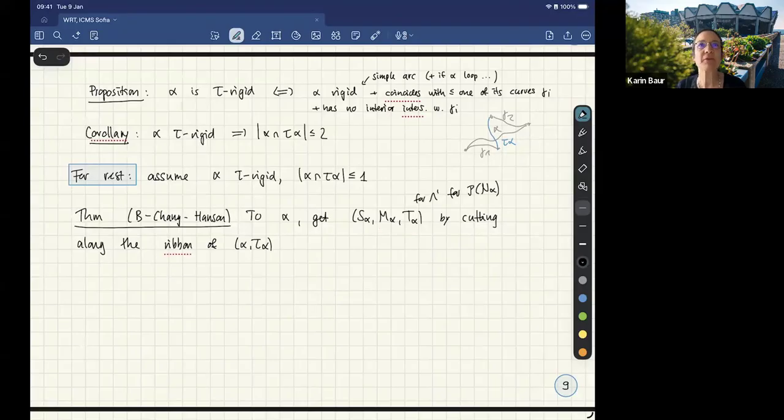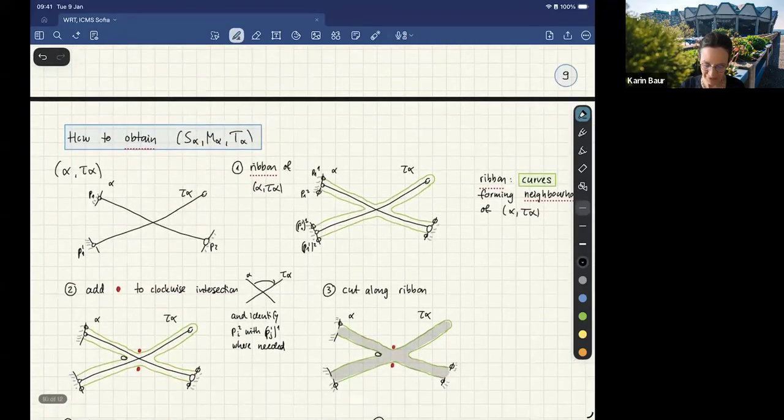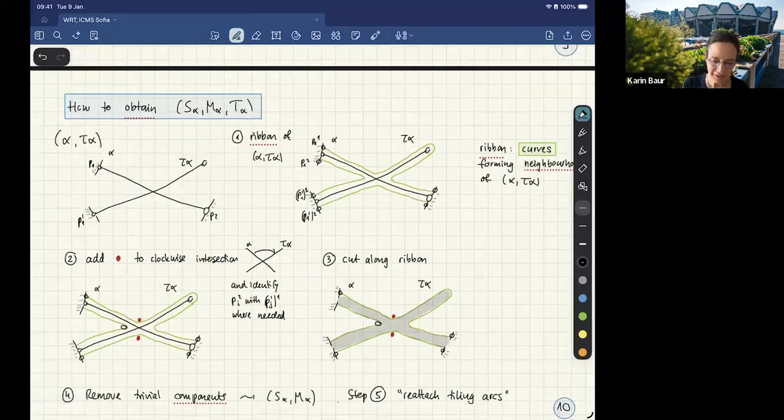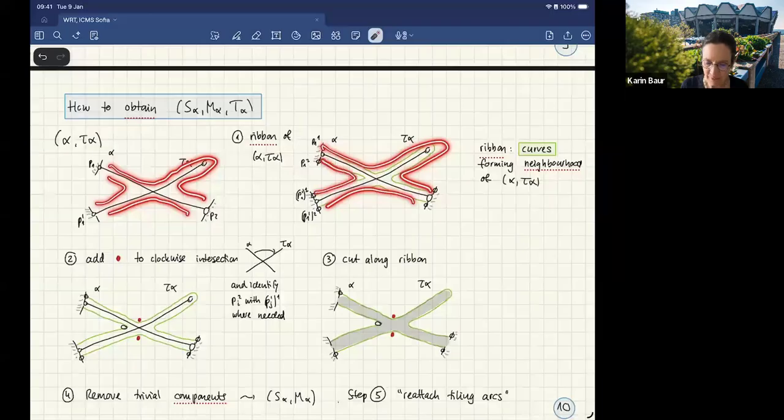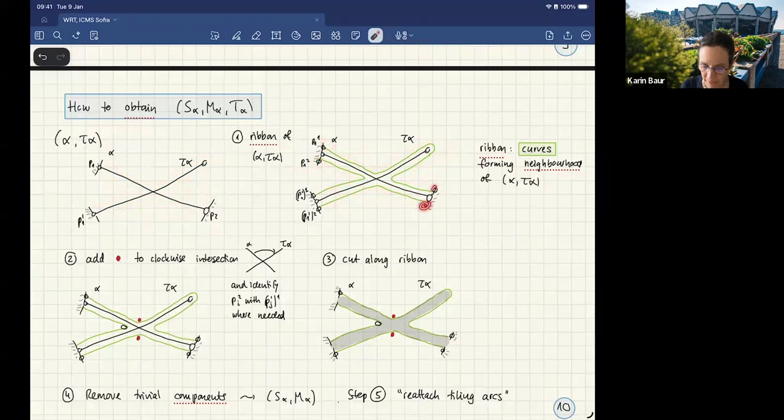Just going to illustrate that with an example or like with a picture. So locally you have alpha and tau alpha. What you do is you draw the ribbon, which is fattening everything up. Then you have to modify the endpoints because you see I might have too many black circles now.